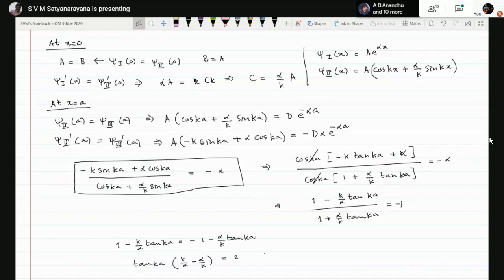So that is tan ka into k squared minus alpha squared by alpha k is equal to 2, so tan ka is equal to 2 alpha k divided by k squared minus alpha squared.